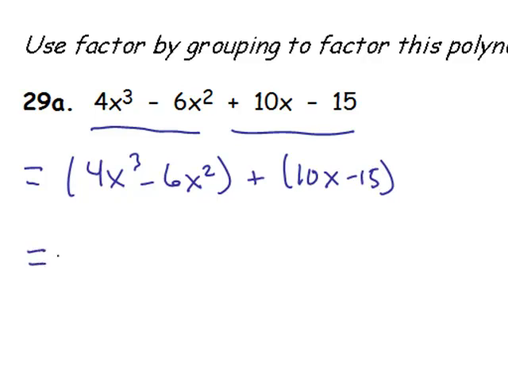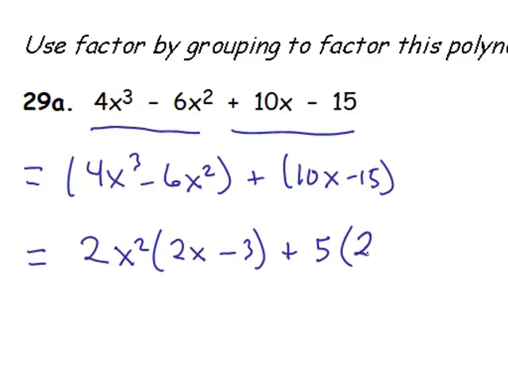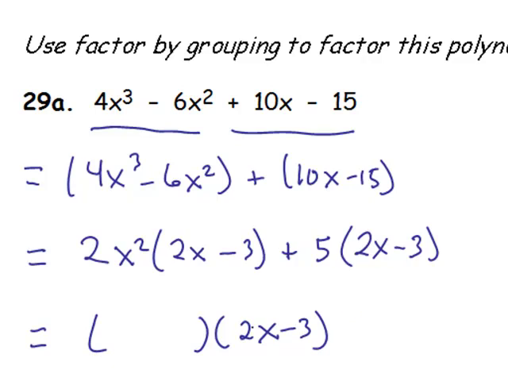And out of the first, we can factor 2 and x squared, and we are left with 2x minus 3 plus, and out of the second grouping we factor 5, and again left with 2x minus 3. And now it's 2x minus 3 that is common, and when we factor it out, on the right side in this case, we get 2x squared plus 5.